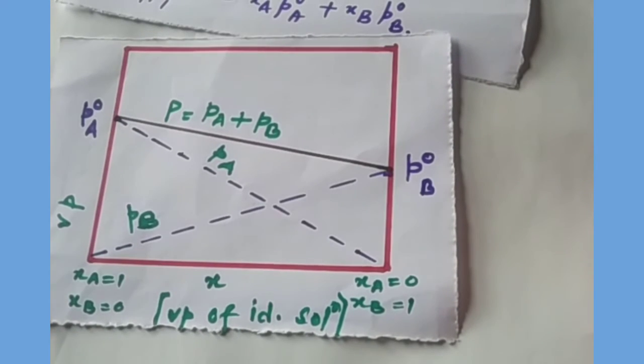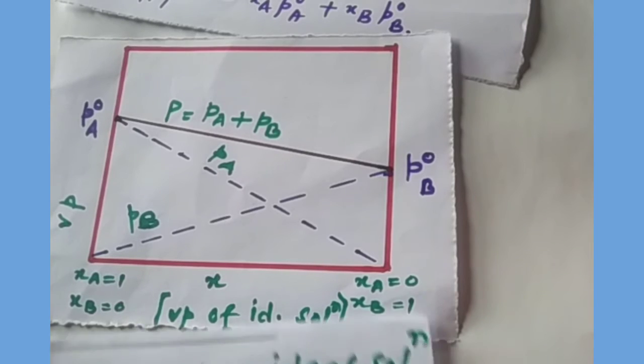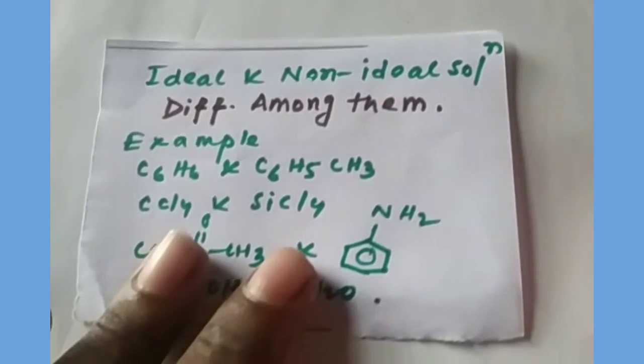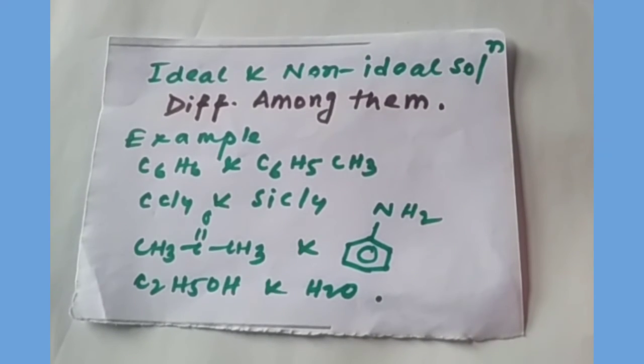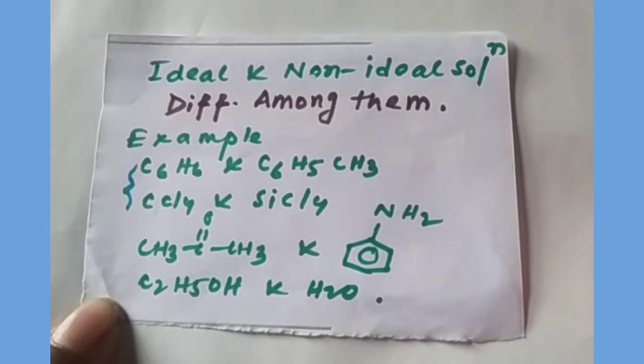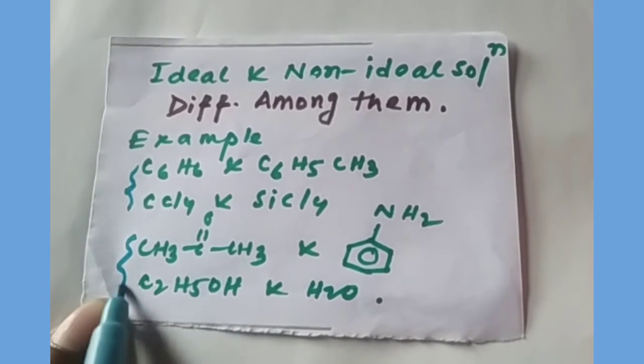Now, what do we mean by ideal solution and non-ideal solution? See carefully, there are some examples of this. Some of these pairs are ideal and some are non-ideal.